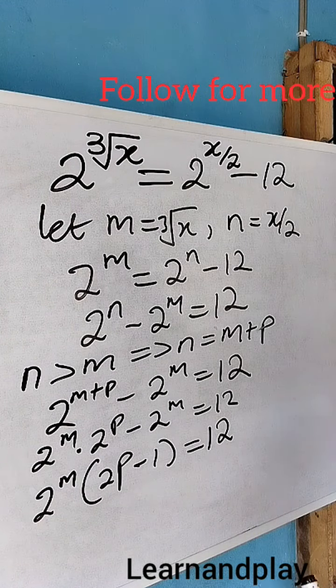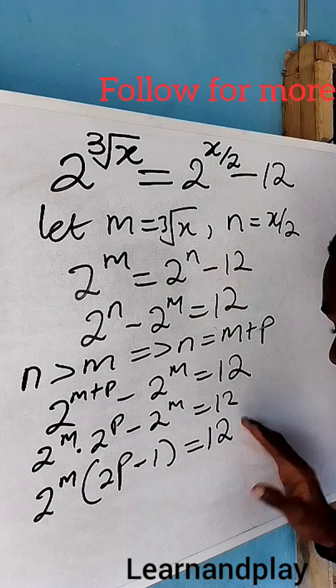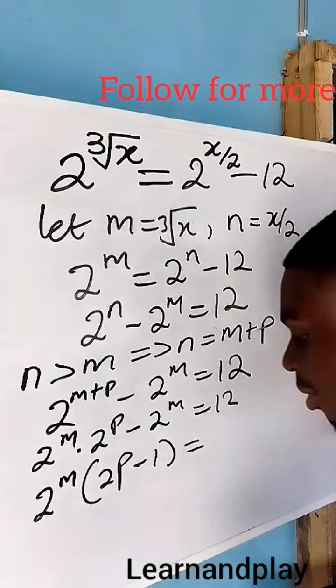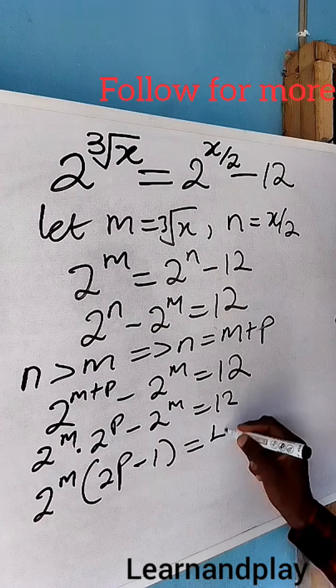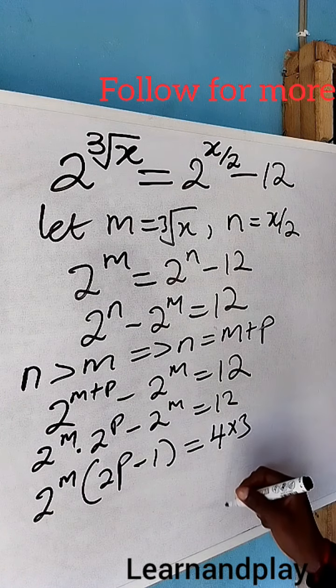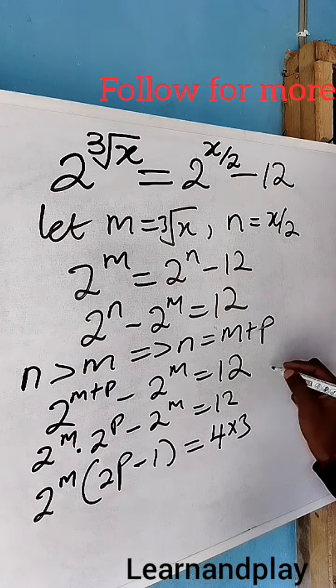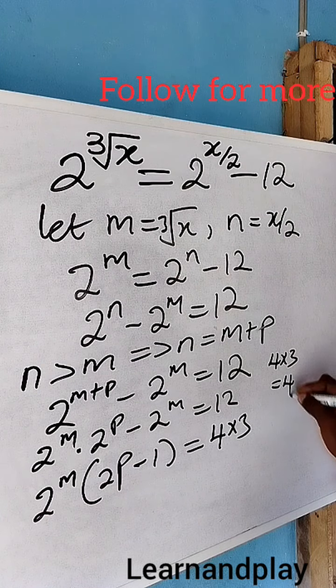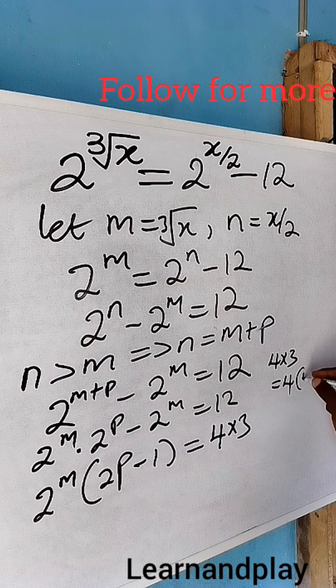Now this 12 can be expressed as 4 times 3. This 4 times 3 can be expressed as 4 times 4 minus 1, right? 4 minus 1 will give you 3.